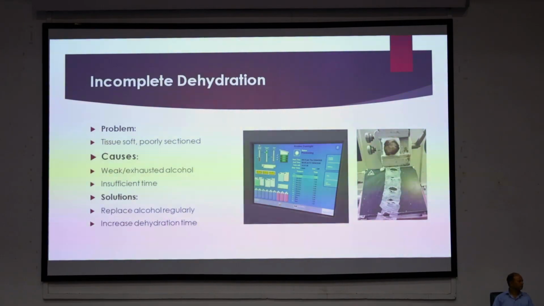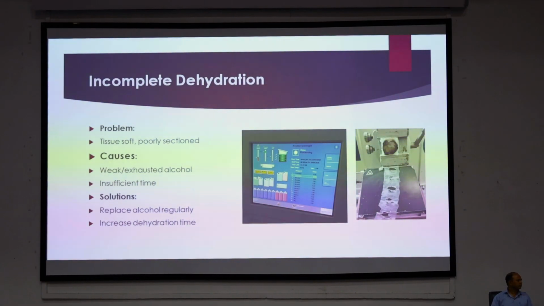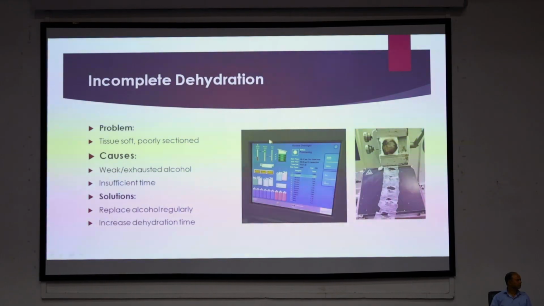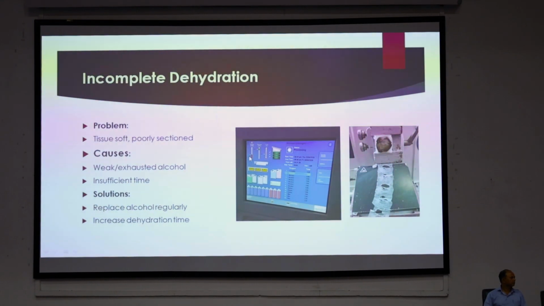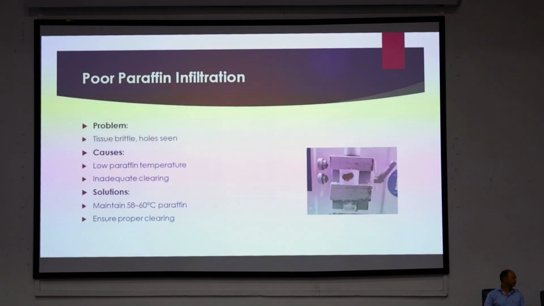And meanwhile, if you check our machine, the alcohol quality is very low, it has gone below the red mark. You always need to make sure that the alcohol quality stays above the red mark. The solution for this, as I have already said, is to replace alcohol regularly and increase dehydration time.